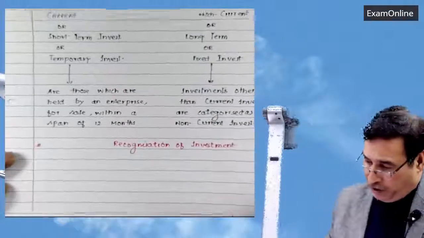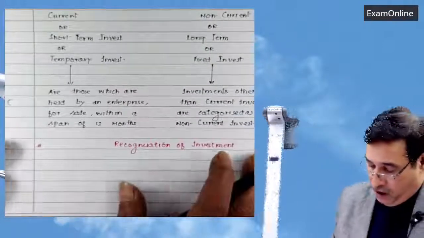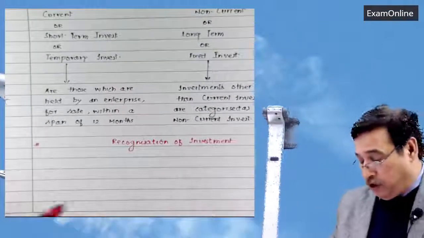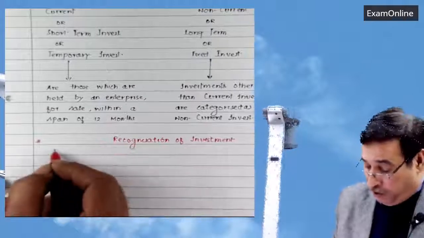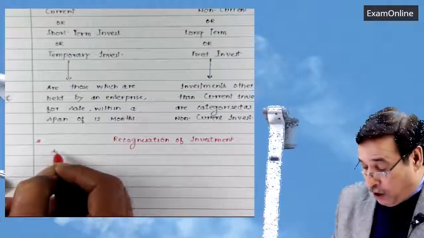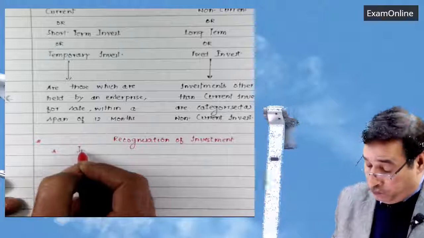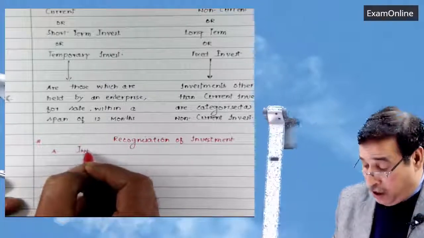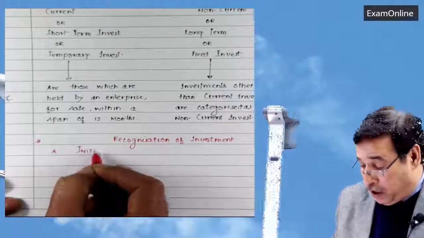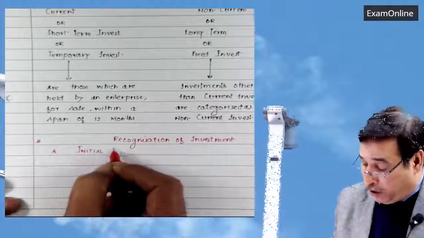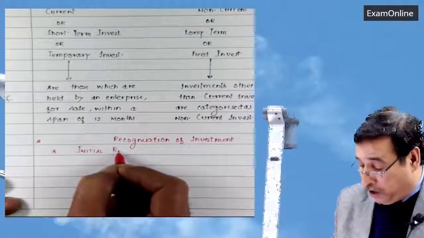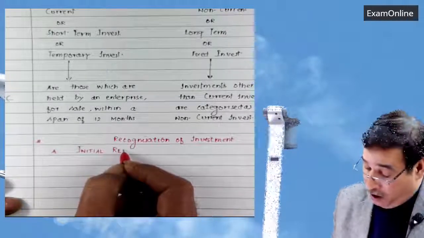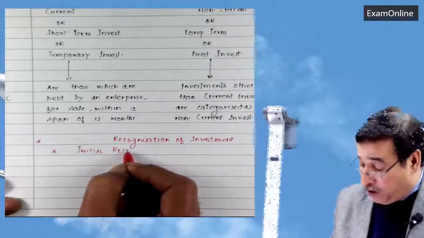So as far as initial recording, let me write here, initial recording under recognition of investment, part A. Initial means first time, the day on which you are acquiring the investments.